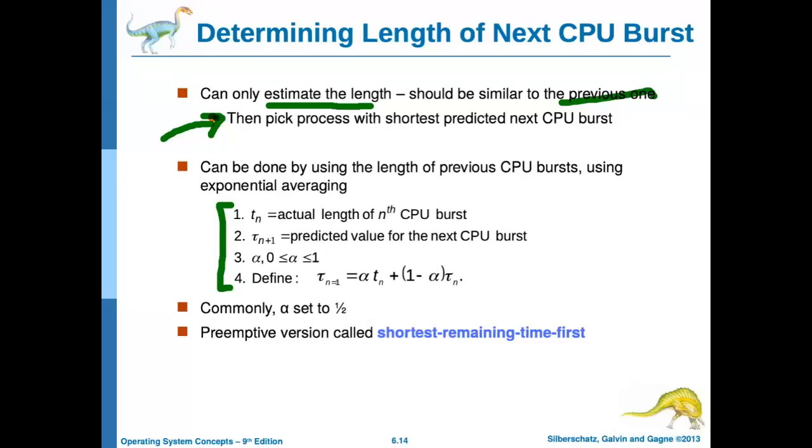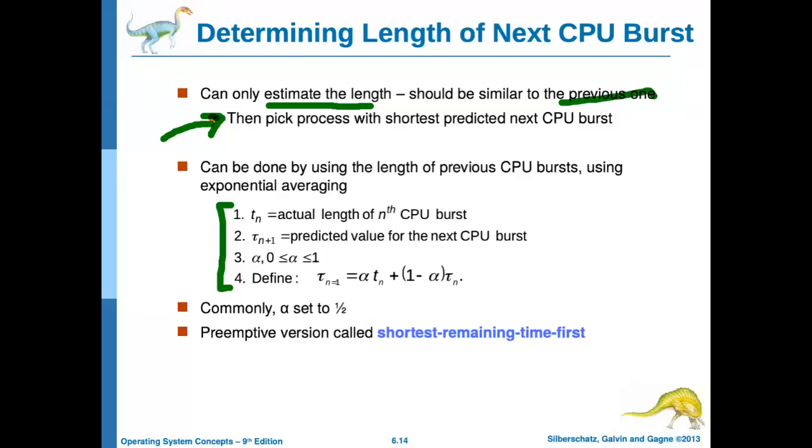Okay. Now, how to do that is, for example, four steps they have mentioned, where T of n is the actual length of the nth CPU burst. Now, because we want to calculate the next CPU burst, assume there is one process, say P1, where 5 different CPU bursts are there. For process P1, the first burst is denoted by, say, T1, T2, T3, T4.